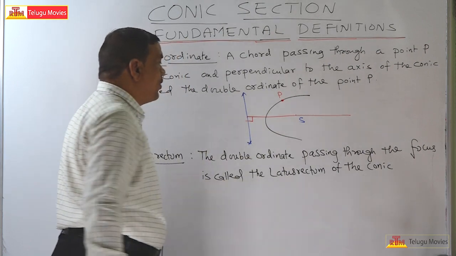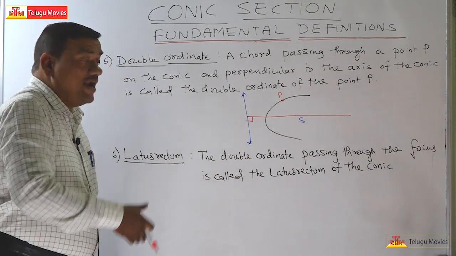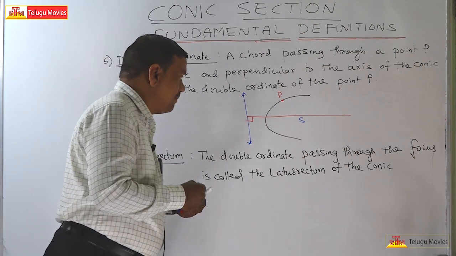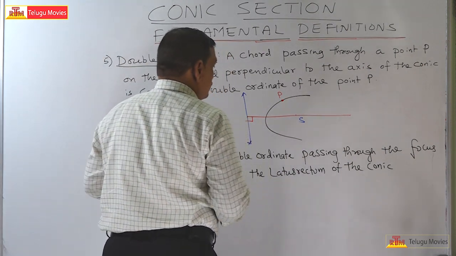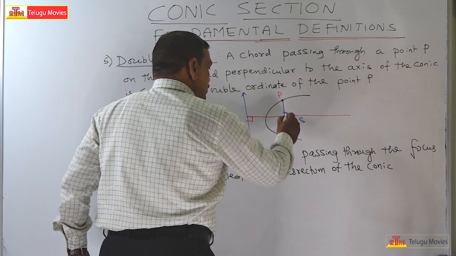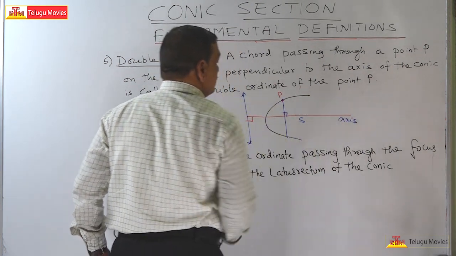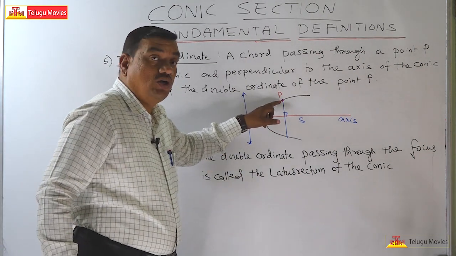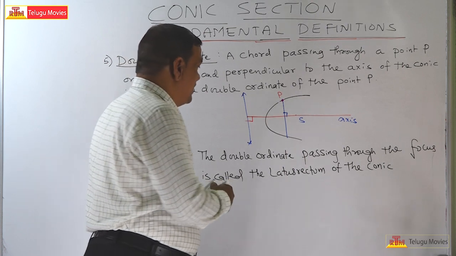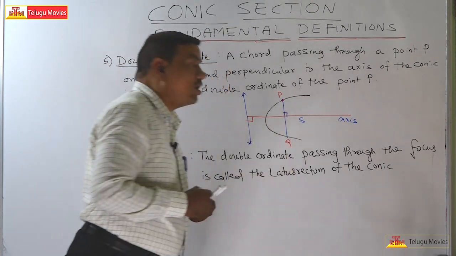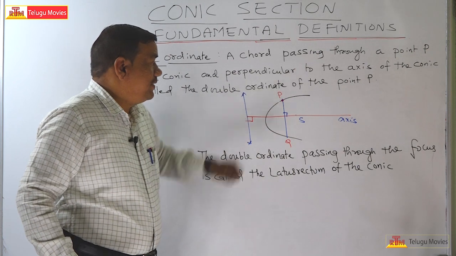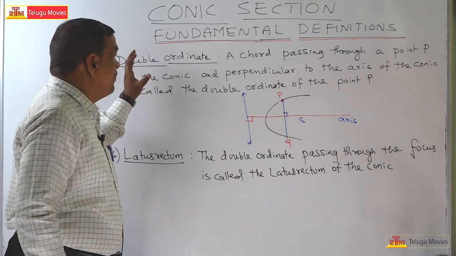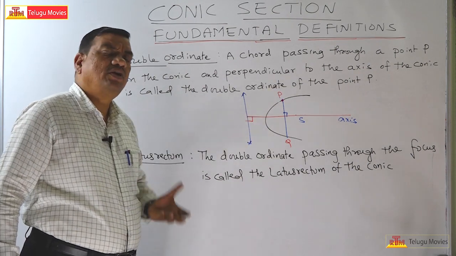The chord should pass through the point P and should be perpendicular to the axis. This is the axis of the conic. So any chord PQ passing through the point P and perpendicular to the axis is called the double ordinate of the point P.